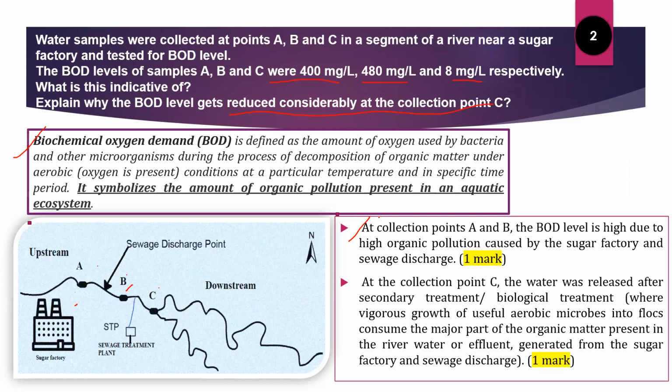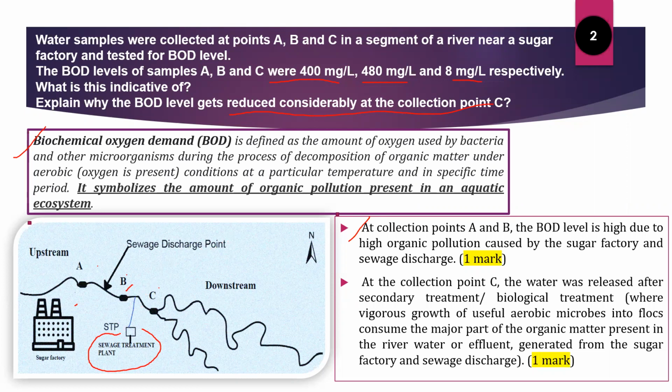Okay. Now, when you talk about point C, if you carefully look into the diagram, you have a sewage treatment plant, STP. In a sewage treatment plant, you subject the water to different levels of treatment, primary treatment, secondary treatment.